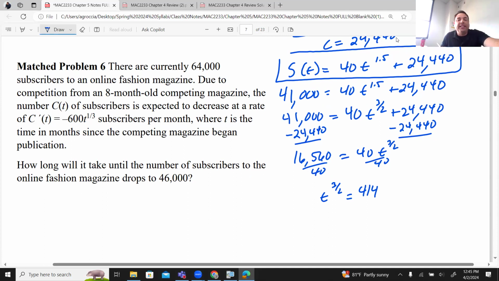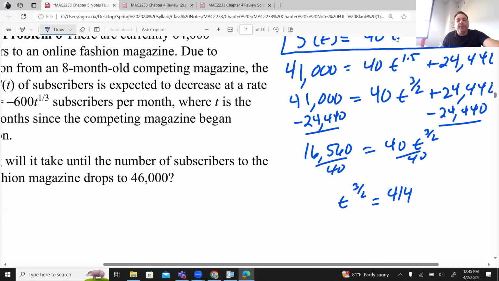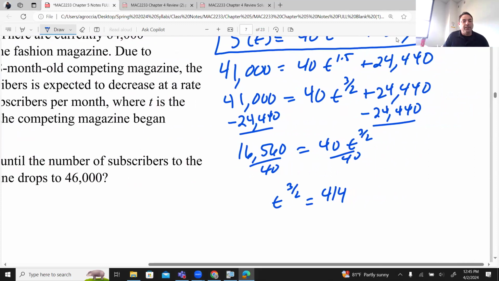But for me, the easiest way, because it's a fraction, is to ask what would happen if I raised the left side to 2/3? What do you do to these two numbers? You multiply them. Or 2/2 is 1, 3/3 is 1, 6/6. You get 1. You get t. And if I raise this side to 2/3, what do I have to do to the other side?